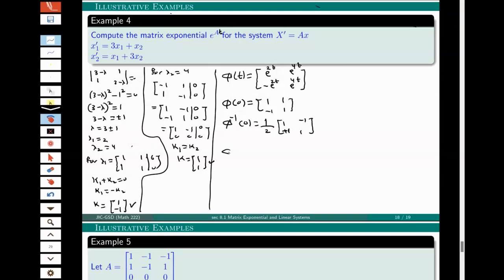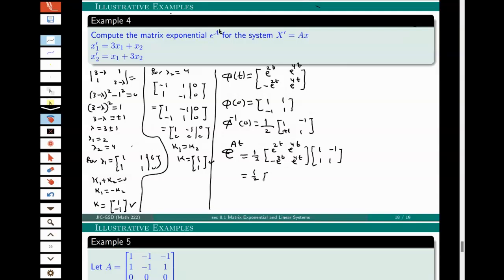So our e to the power At now becomes half e to the power 2t, e to the power 4t, minus e to the power 2t, e to the power 4t, times the inverse, which is 1 minus 1 1 1.